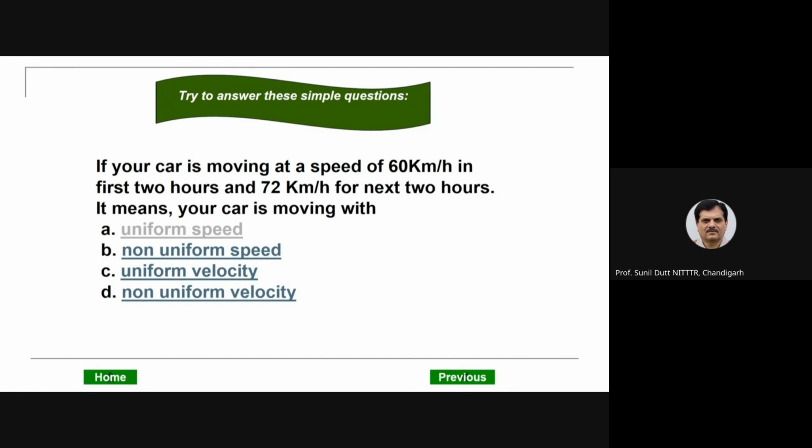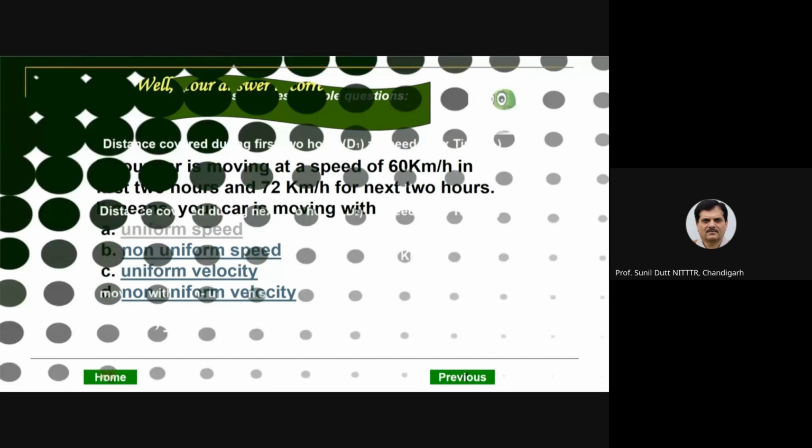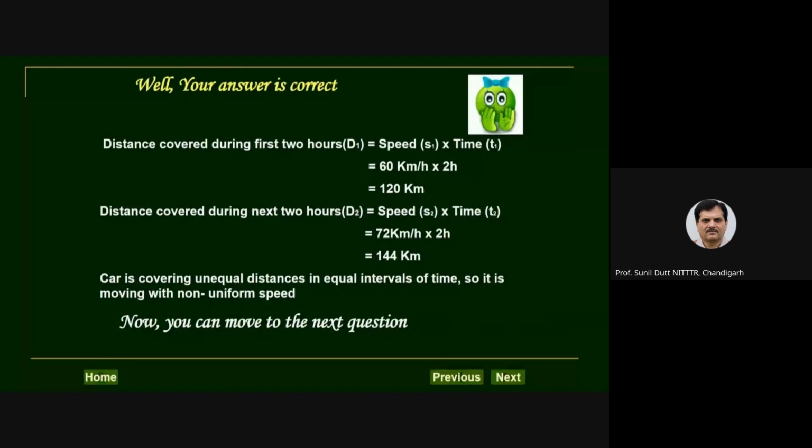Let us say the option is B, non-uniform speed. Now, the feedback is presented to the student. It is stated, well, your answer is correct. Now, his answer is being reinforced, and the reasoning is also given why he has chosen the right answer. Now, you can move to the next question.